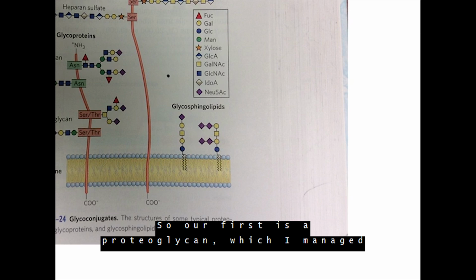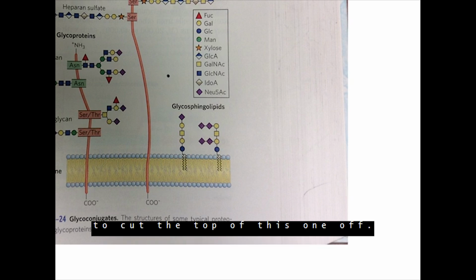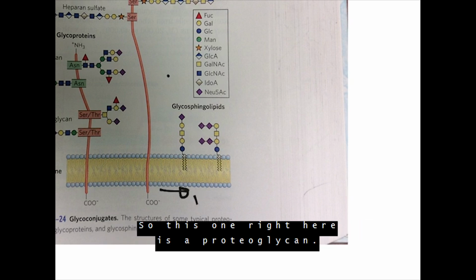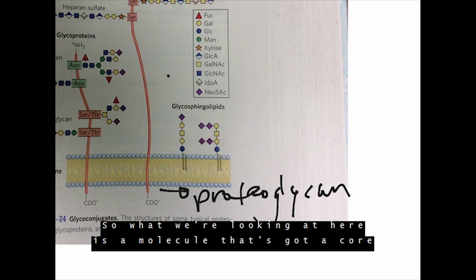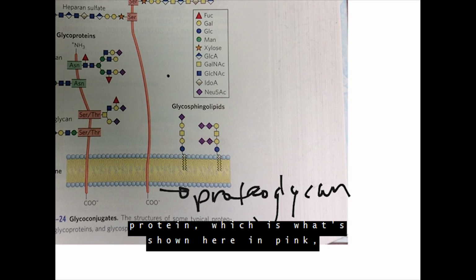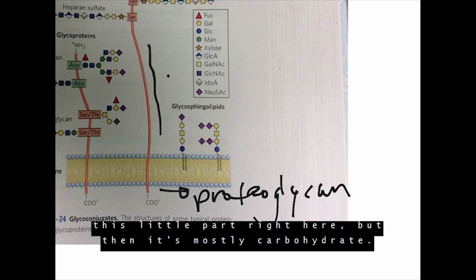Our first is a proteoglycan, which I managed to cut the top of this one off. So what we're looking at here is a molecule that's got a core protein, which is what's shown here in pink, this little part right here, but then it's mostly carbohydrate.